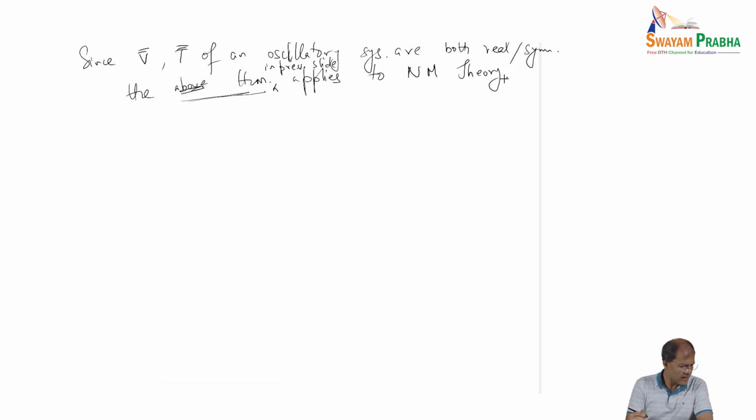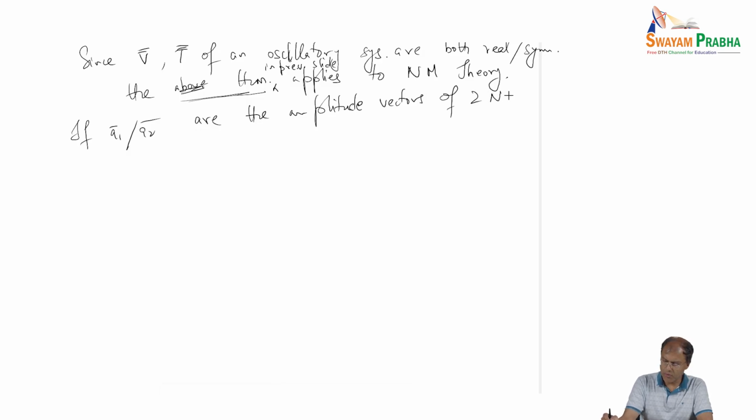So now suppose A1 and A2 are the amplitude vectors of two normal modes of an oscillatory system.